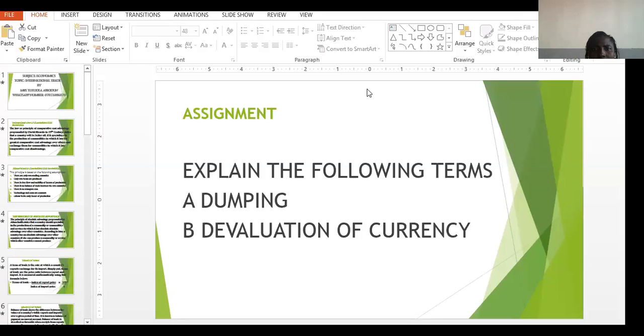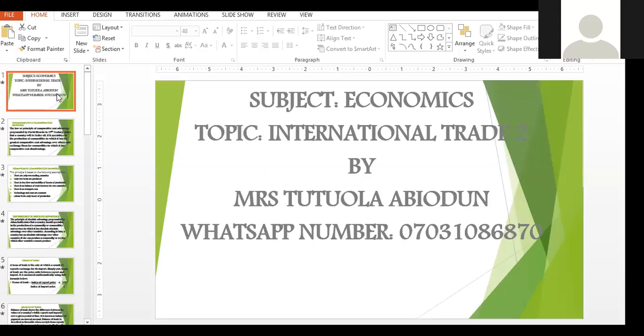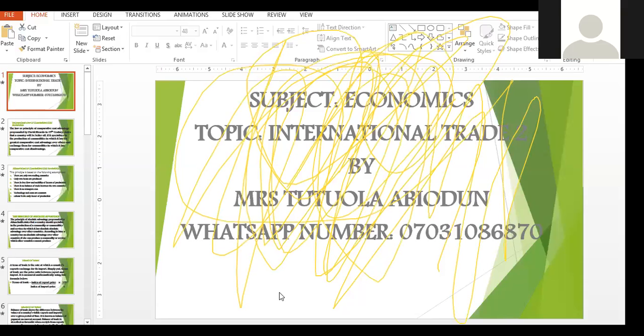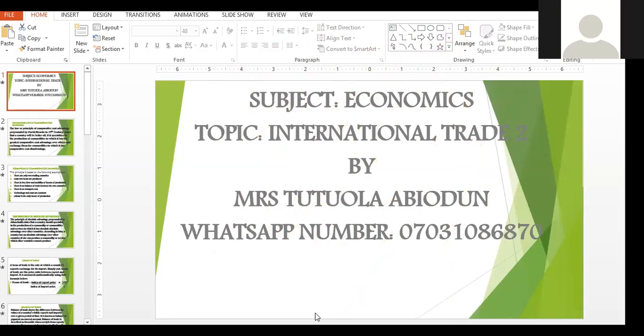After all, you have each other's phone numbers. What is your WhatsApp? Or should we send it to email? It's easier to access. So you can still send it to your email. You may not get it as at when due. Please mute yourself. Other people are talking in the background.